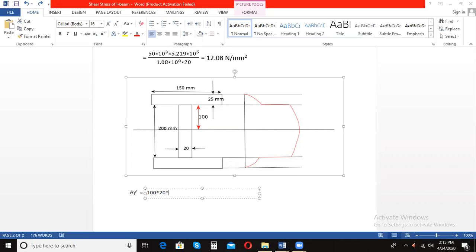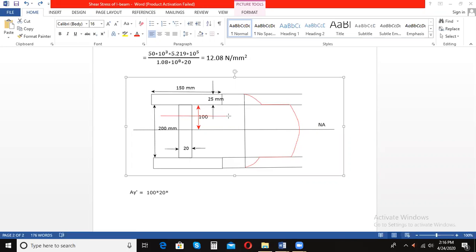Now what is y bar? Y bar is the distance of the centroid of this section from the neutral axis. What is my neutral axis? This line here represents the neutral axis. And where is the centroid of this web section? The centroid should lie somewhere in the middle.